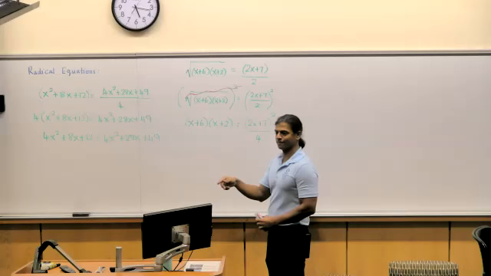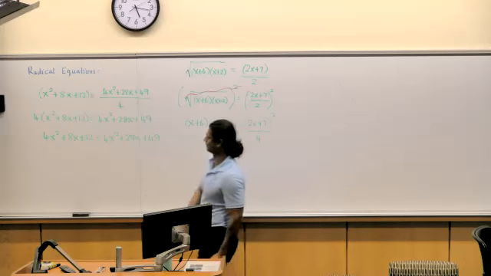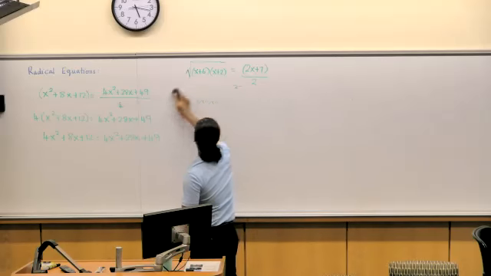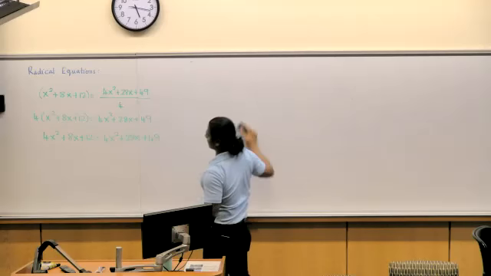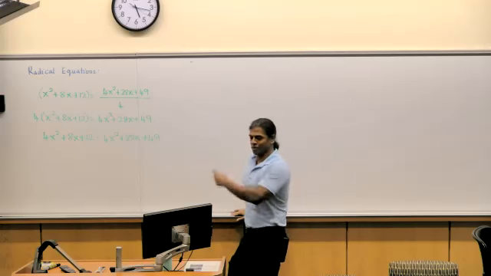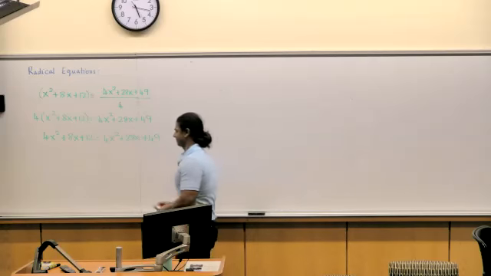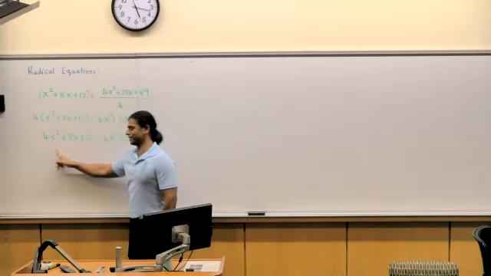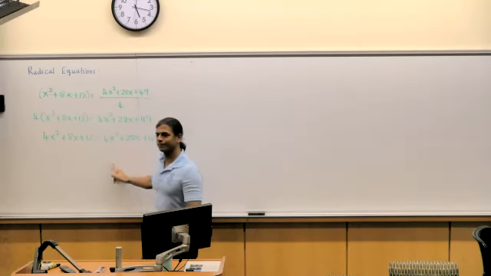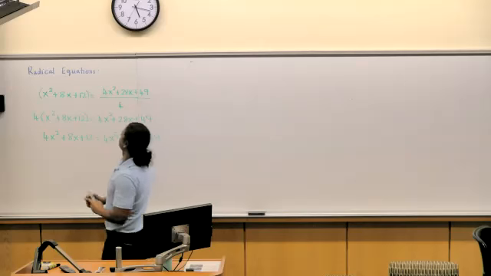Good so far? What do we do? Solve for x. Move everything to one side. Now, I have 4x squared on this side, 4x squared on that side. What would happen? Yes. I think I distribute the 4 to 8x as well. Thank you.